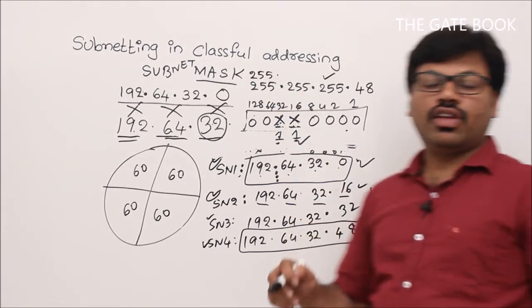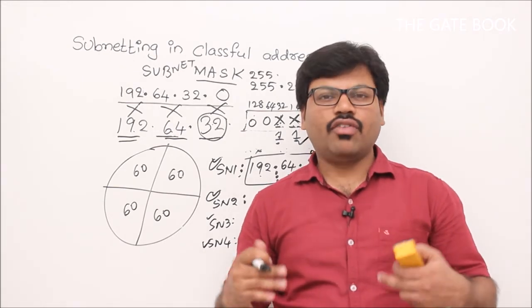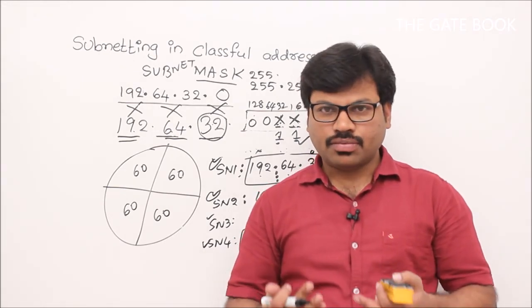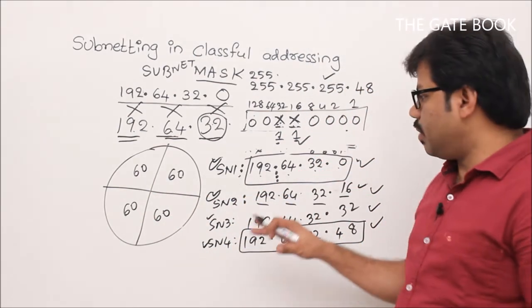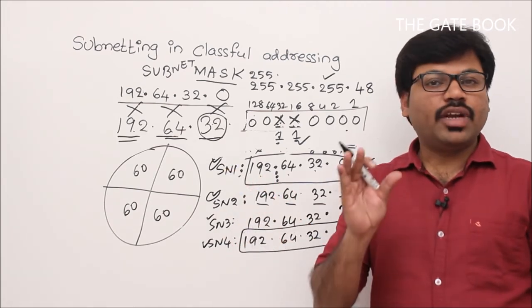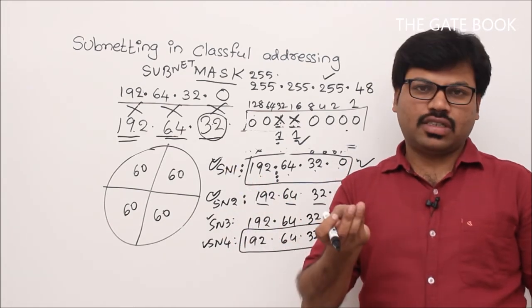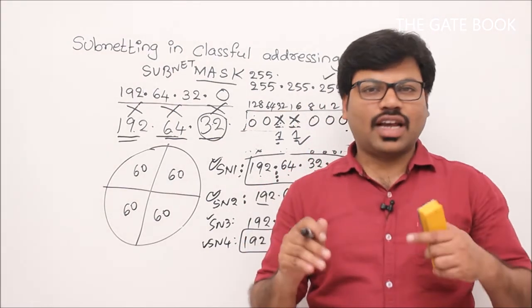What is the realization? When a network is divided into subnetworks equally, every subnet will have the same subnet mask, correct? Sometimes if you don't divide equally, for some networks you use more bits and for some less. Do you remember when I taught you classless addressing?